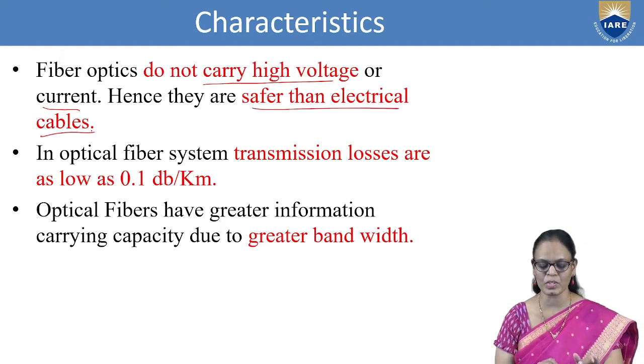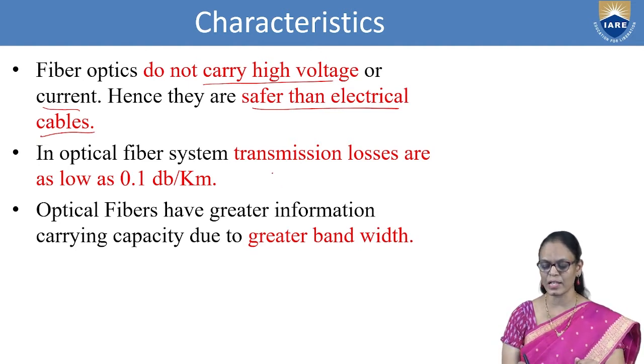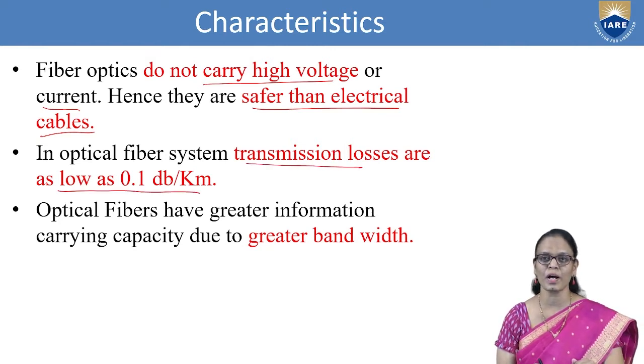So whenever we are using optical fibers, they are operated at a very low voltage or current. Therefore, it is very safe. And in optical fiber system, the transmission losses are as low as 0.1 dB per kilometer. So if you are talking about 1 kilometer of the wire, the transmission loss is only 0.1 dB.